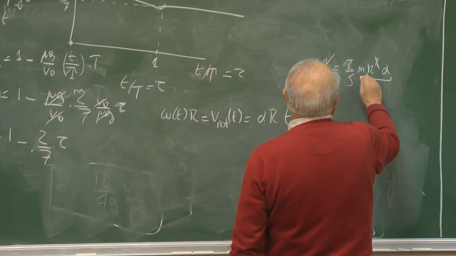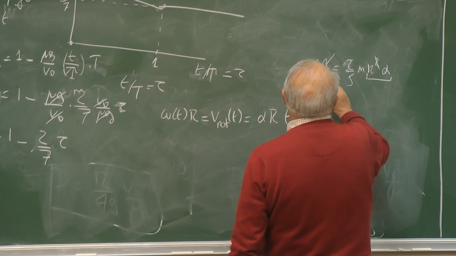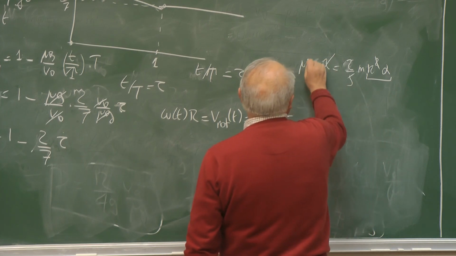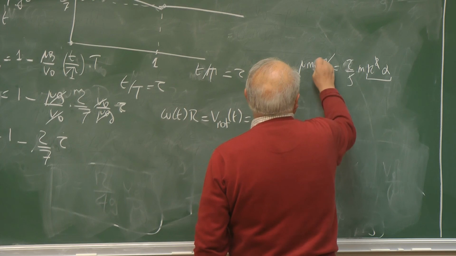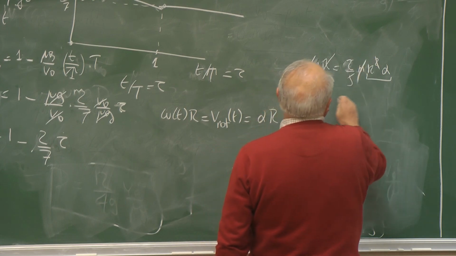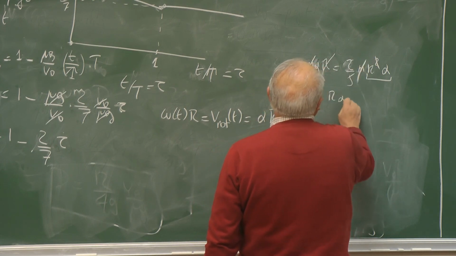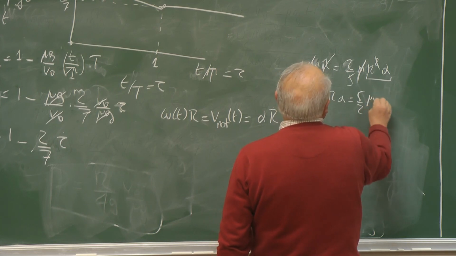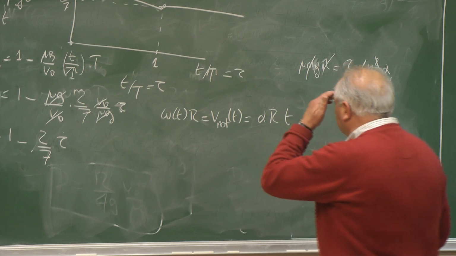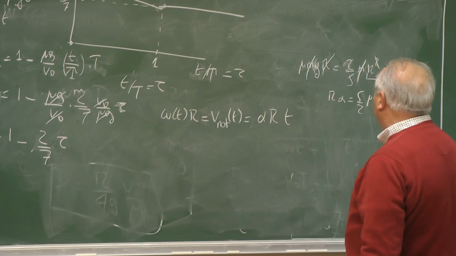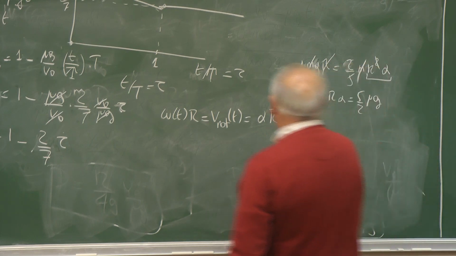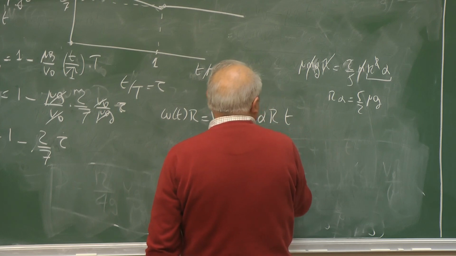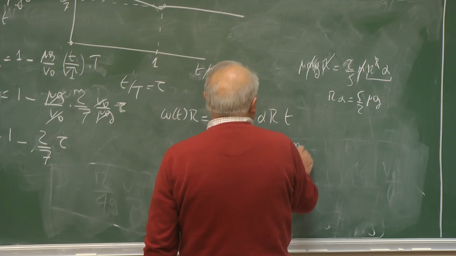R alpha is this is mu mg, m's cancel, so r alpha is 5 over 2 mu g.